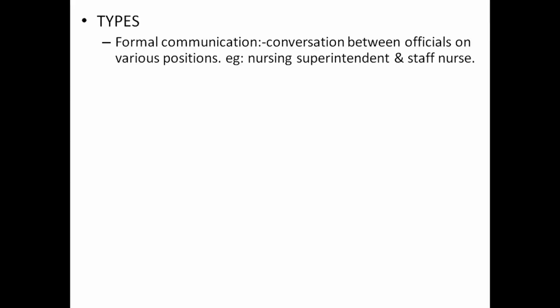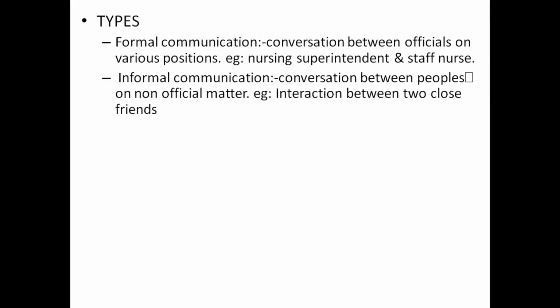Types of communication. First one is formal communication, a conversation between officials in various positions. That means between nursing superintendent and staff nurses. Informal communication, conversation between people on non-official matters, example interaction between two close friends.